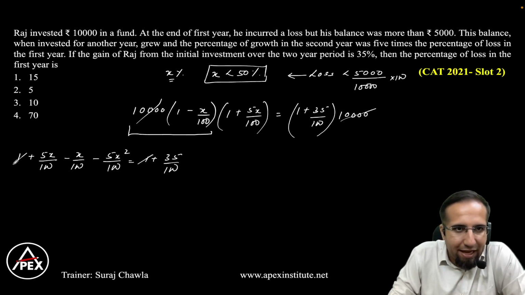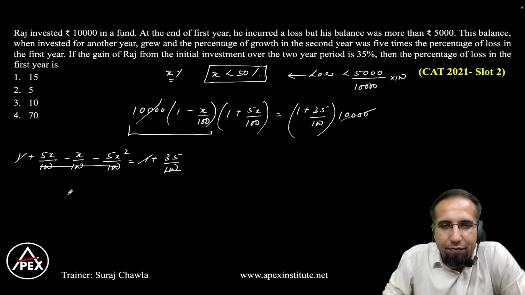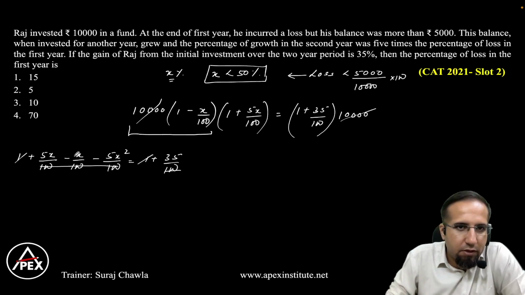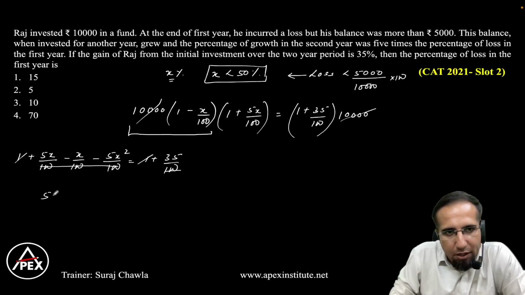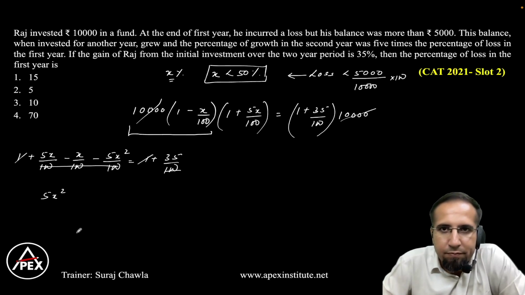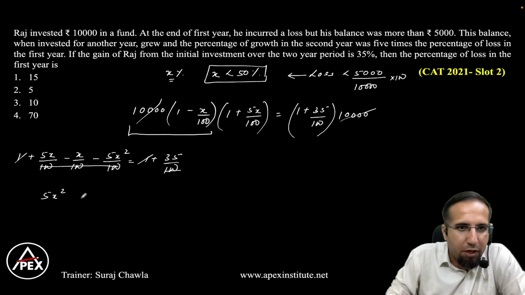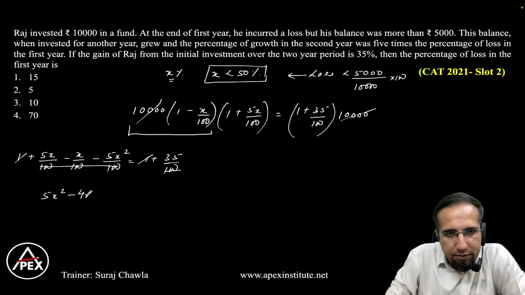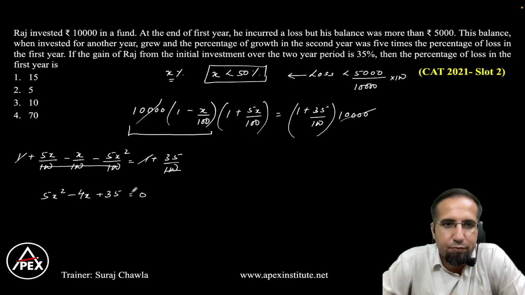So 1 and 1 get cancelled, this 100 and 100 get cancelled. So what do we have now finally? Bringing it to the right hand side, this becomes 5x square minus 4x plus 35 is equal to 0.